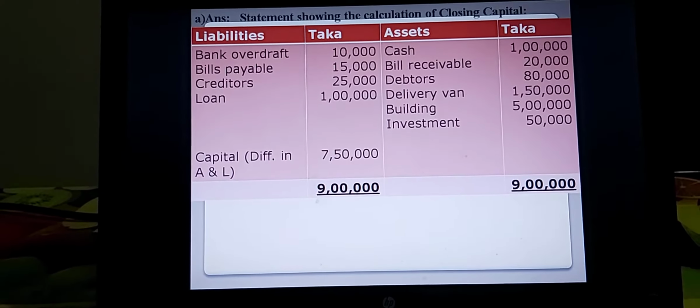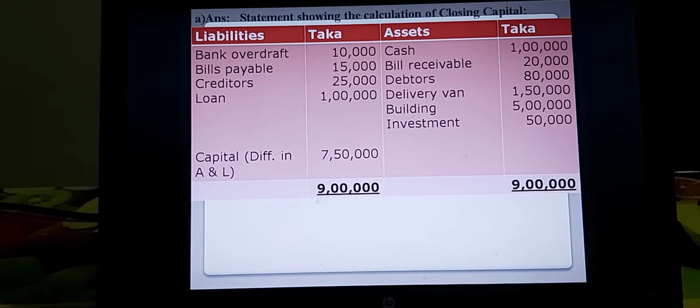So we can calculate the closing capital very easily. Total closing assets minus total closing liabilities is equal to total closing capital. That is the amount of total assets, that is 9 lakh, minus total closing liability 1,50,000. That is the amount of closing capital is taka 7,50,000.